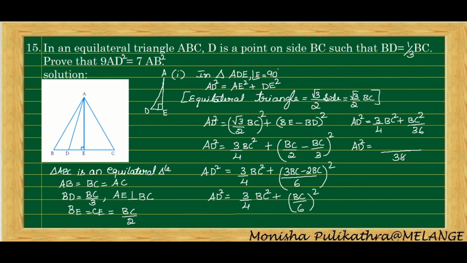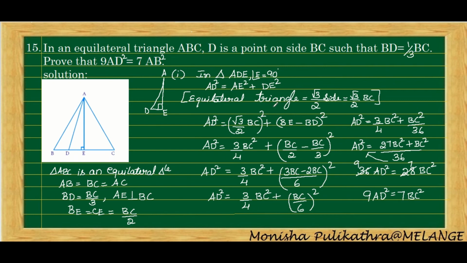So 4 9s are 36, 9 3s are 27 BC square, plus BC square. Here we can cross multiply it. It will be 36 AD square is equal to 27 plus 1 is 28 BC square. Here we can divide these two numbers by 4. 4 9s are 36, 4 7s are 28. So 9 AD square is equal to 7 BC square.